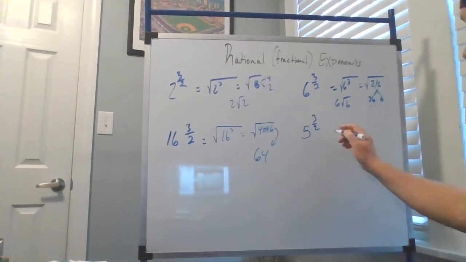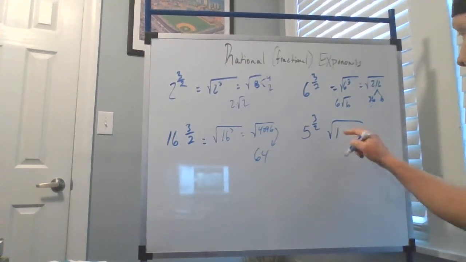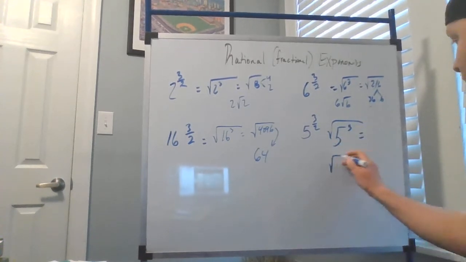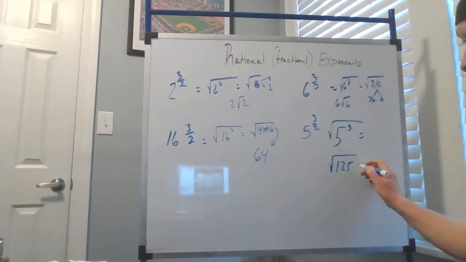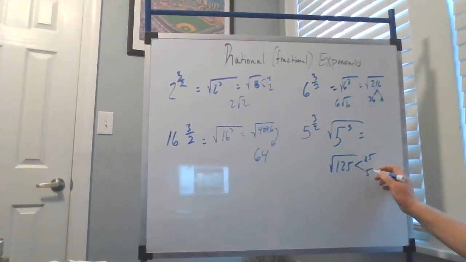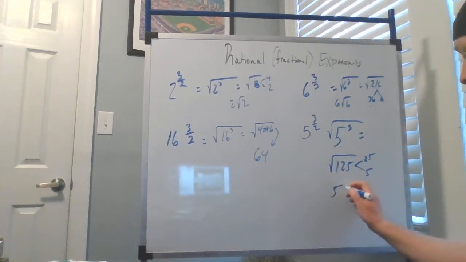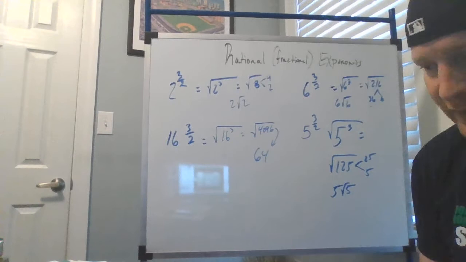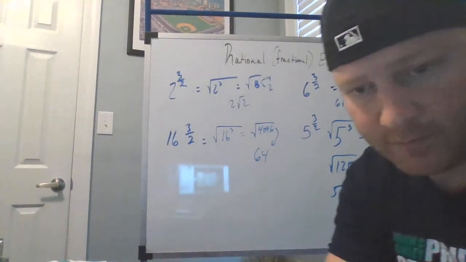And now this one, square root of 5 to the power of 3, which is equal to square root of 125. And inside of 125 is a 25 and a 5. So your answer for this one is going to be 5 radical 5. Okay? I'll do a couple more examples and then we'll get going.